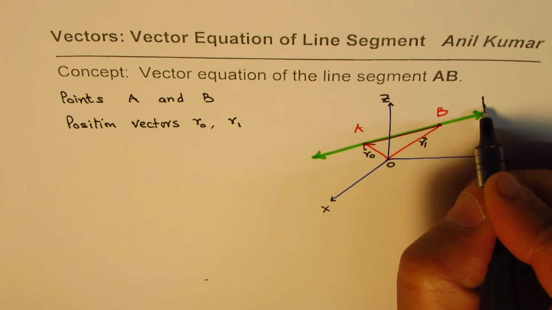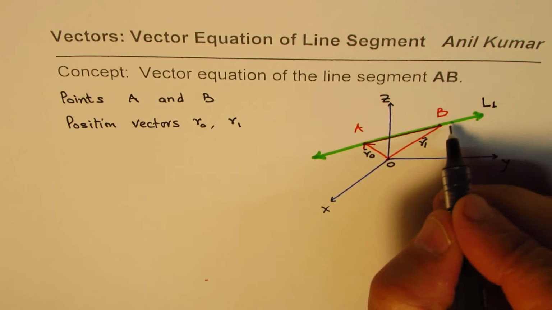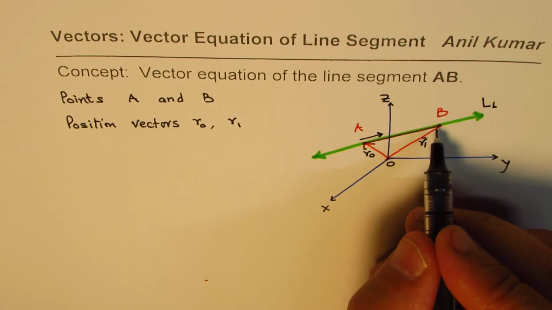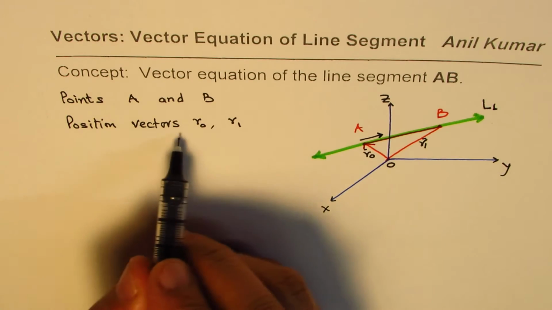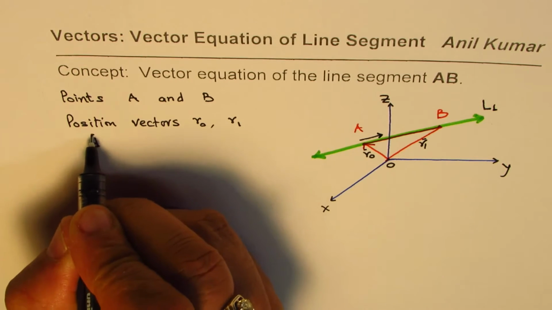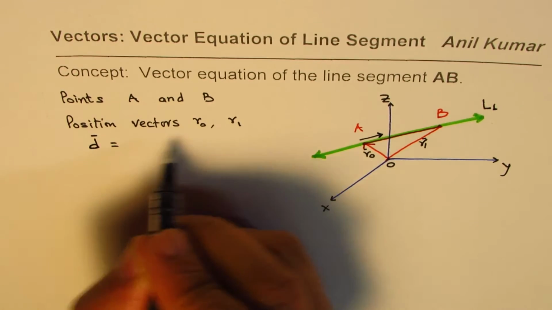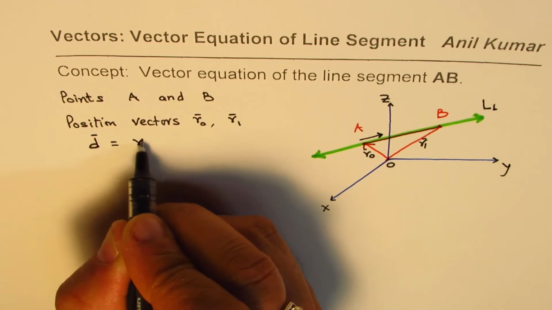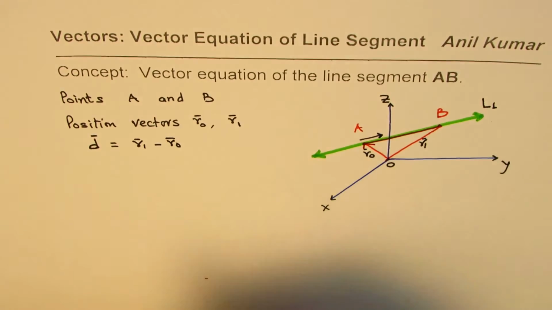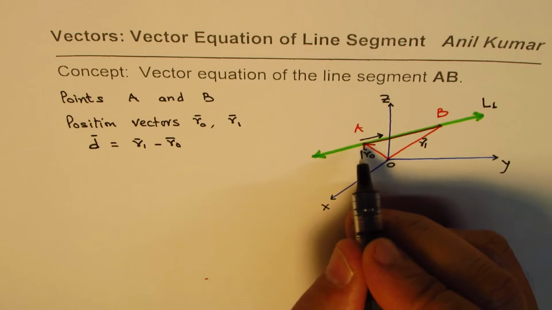Let's say the line is L1, right? So what is the direction of this line? To find the direction, let's say direction vector D will be equal to R1 minus R0, right? So that gives you the direction from A to B.